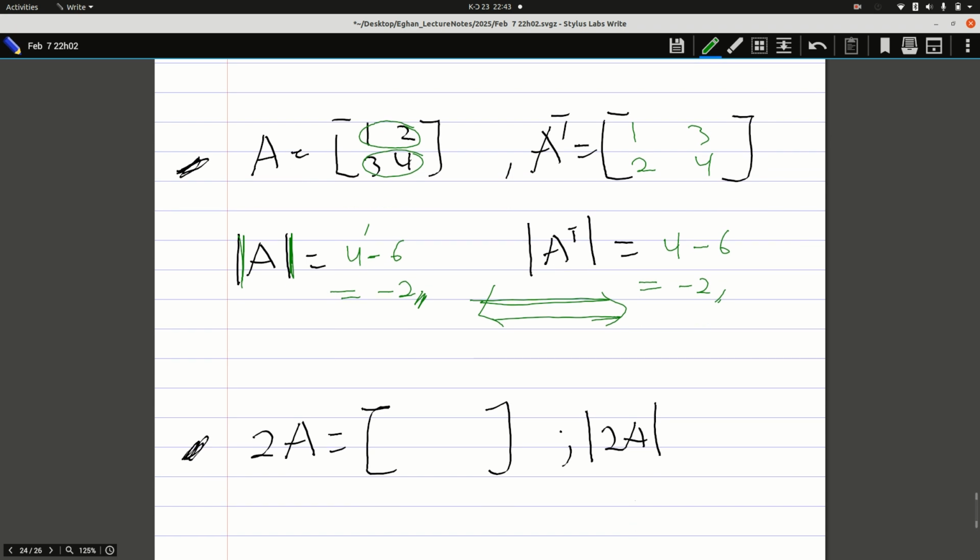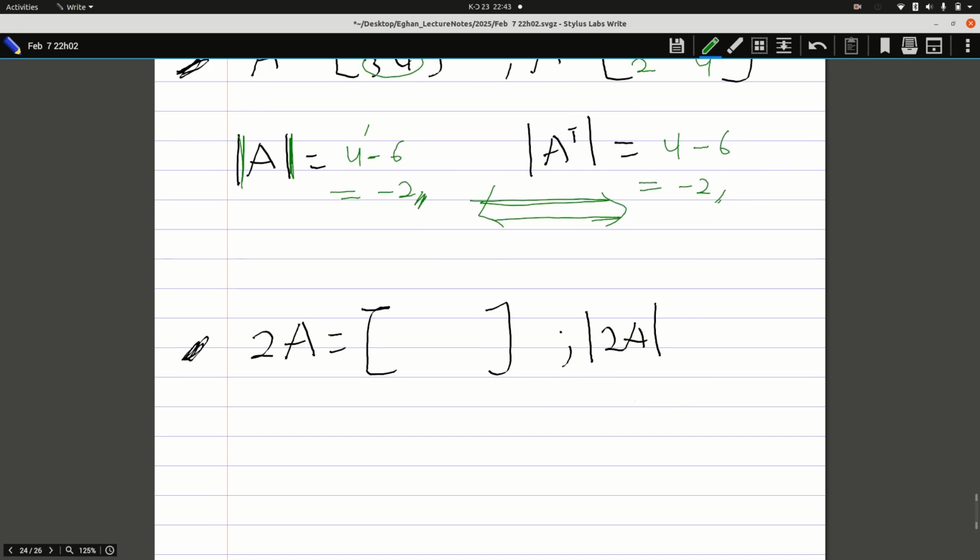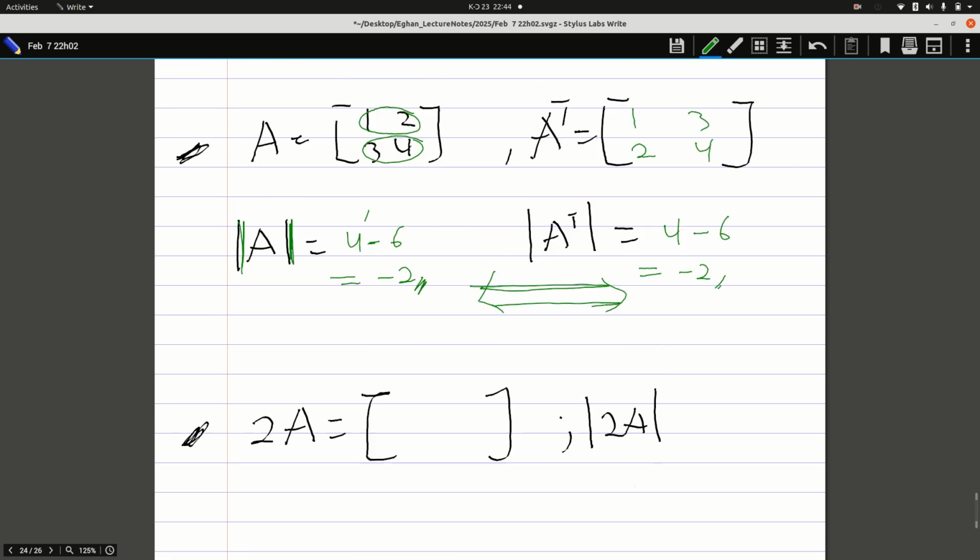Now let's look at the scalar multiplication of the same A. 2A, I'm going to get 2, 4, 6, and then 8. Okay, let's look at the determinant of 2A. This is going to give me 2 times 8 minus 6 times 4.